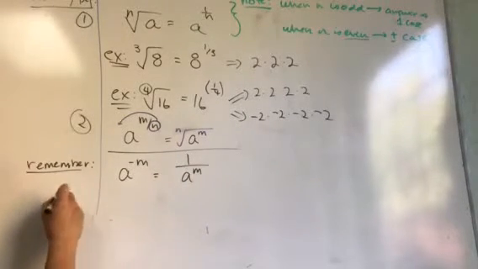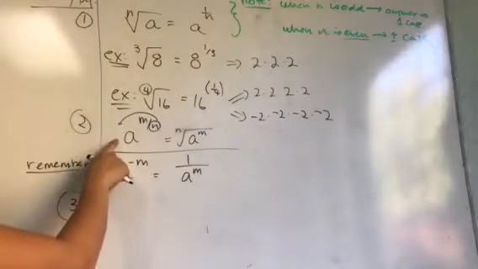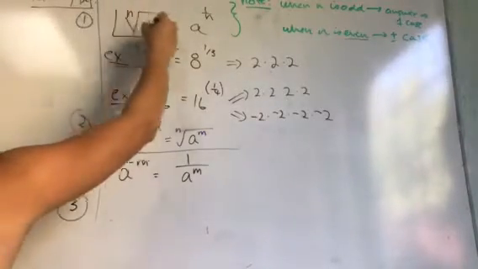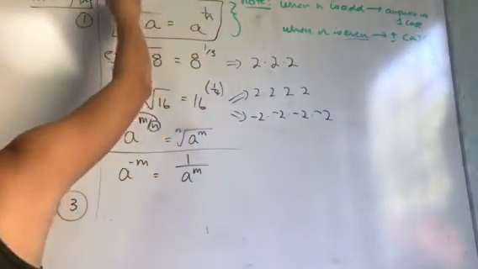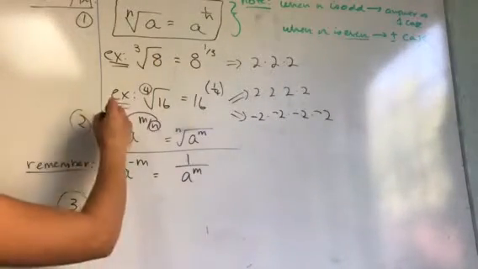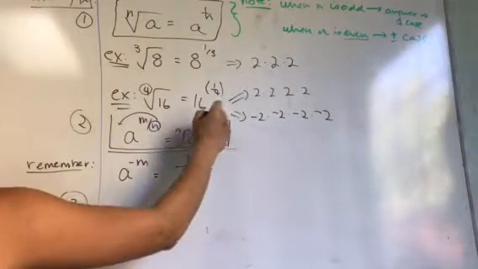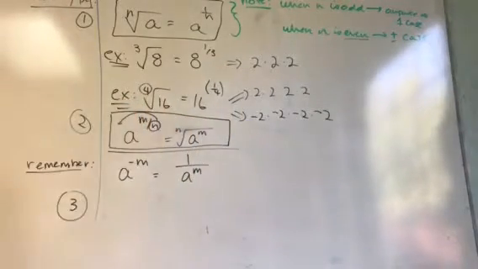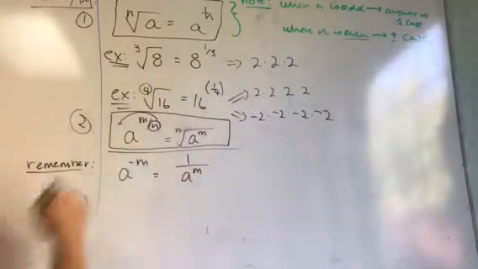So likewise, that information leads us to the last bit of notation. We have this first one right here, where you can change the nth root to a power of 1 over n. You have this notation right here, where you have a to the m over n, and you can rewrite it as the nth root of a to the m.